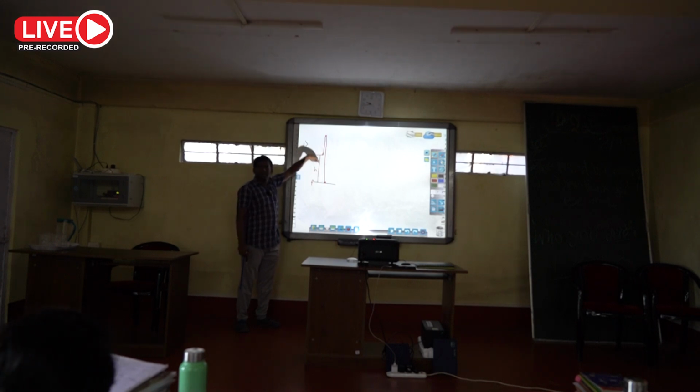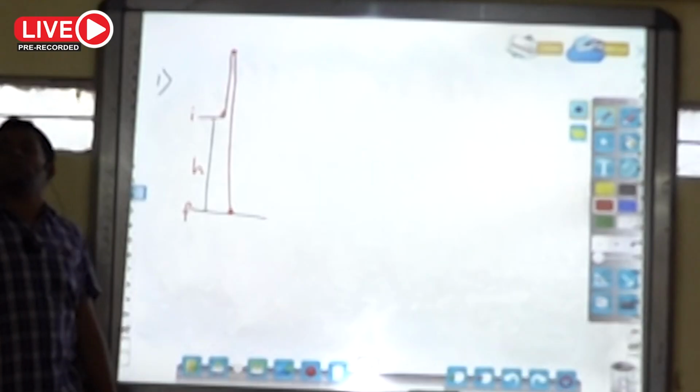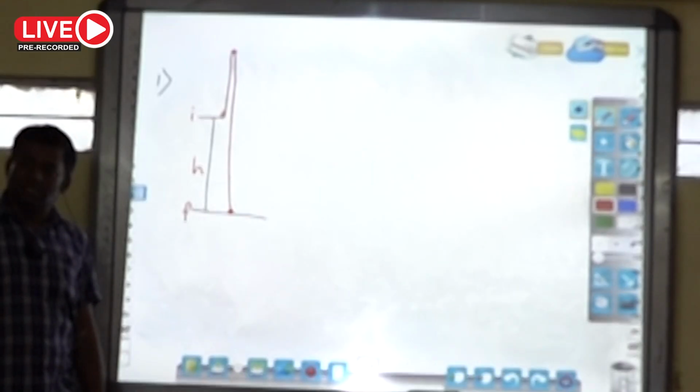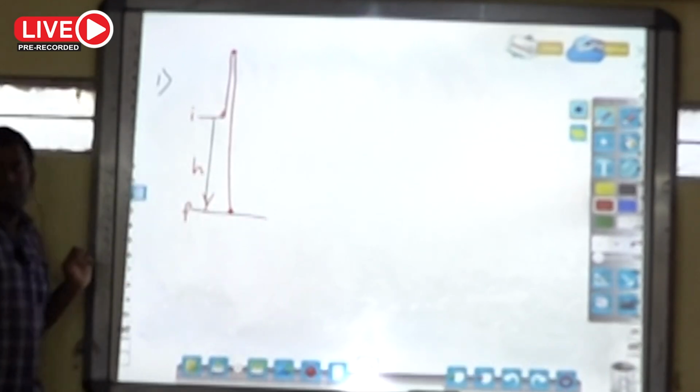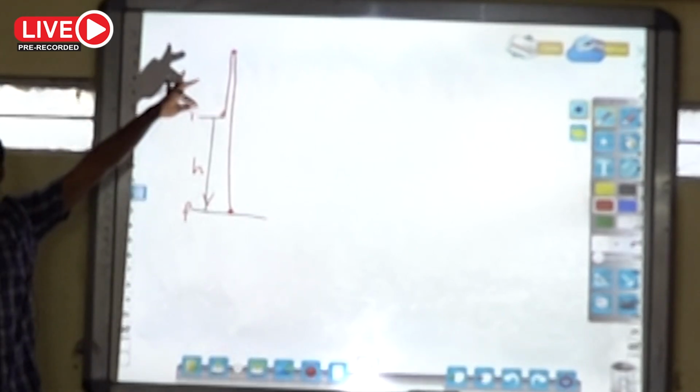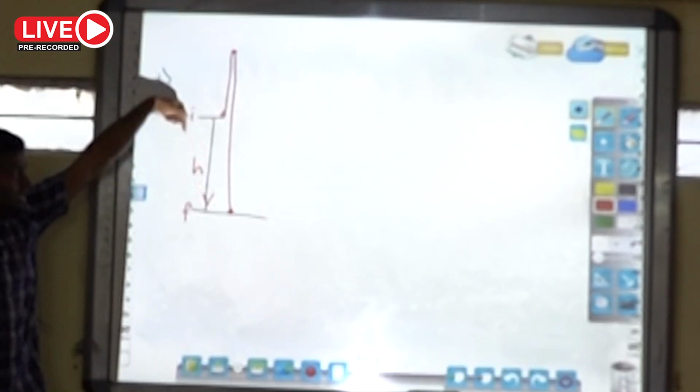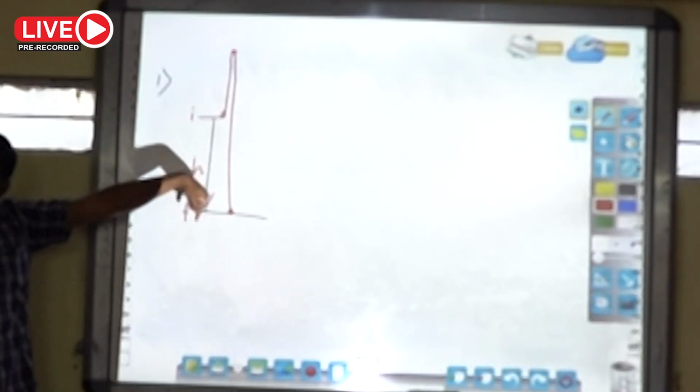Initial to final joined by a straight line is called the change in position. Change in position is displacement. So what is the direction of this displacement vector? Downward. We measure everything with respect to the initial point, so initial to final, it is directed downward.